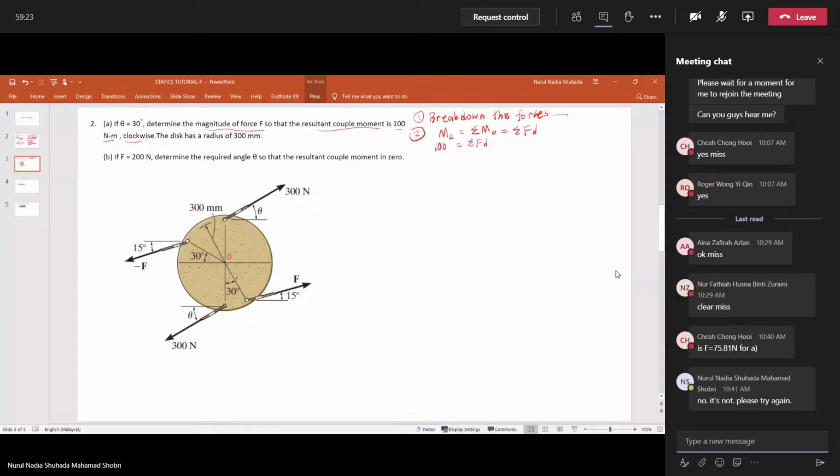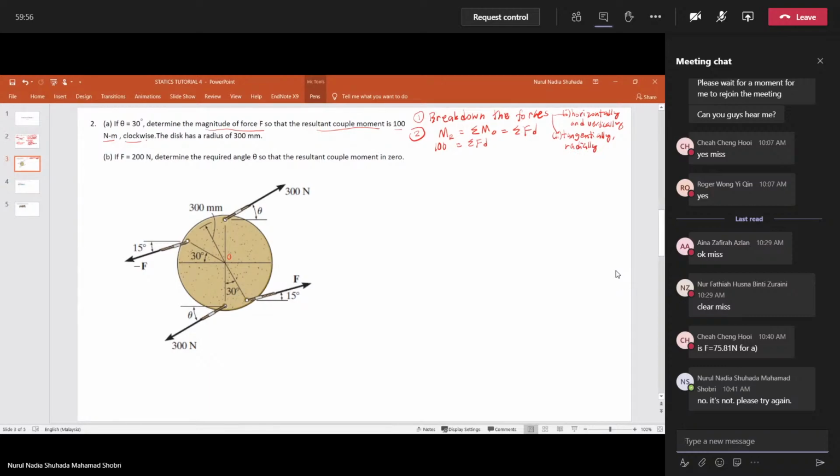Either you break them down horizontally and vertically, or you can break the forces tangentially and radially.